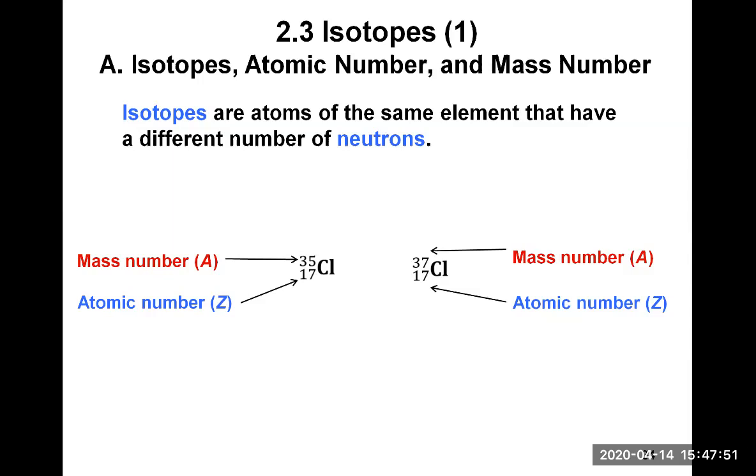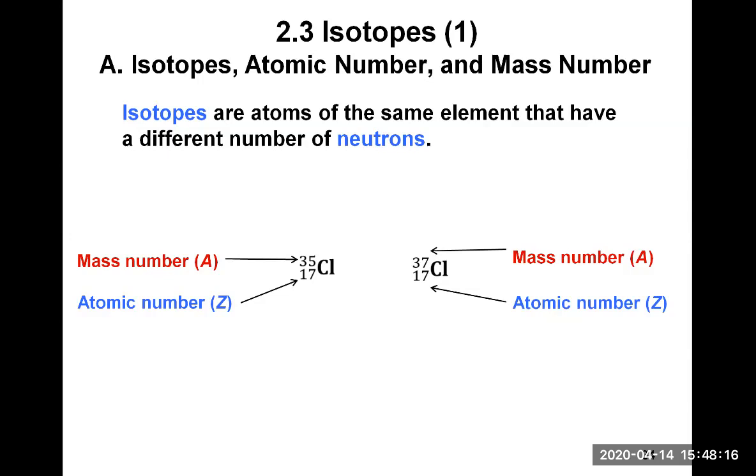An element can have several isotopes, and they will all be represented by the same element on the periodic table, so in the same place. And what distinguishes the isotopes of an element is that they have a different number of neutrons.